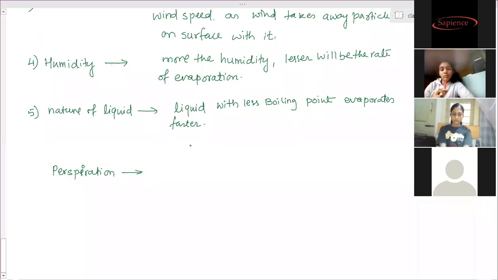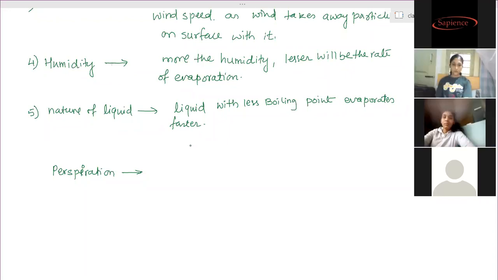What do you mean by a dry day? Dry weather means less humidity. Lesser humidity means a higher rate of evaporation, so water from the desert cooler evaporates faster and gives us the cooling effect.